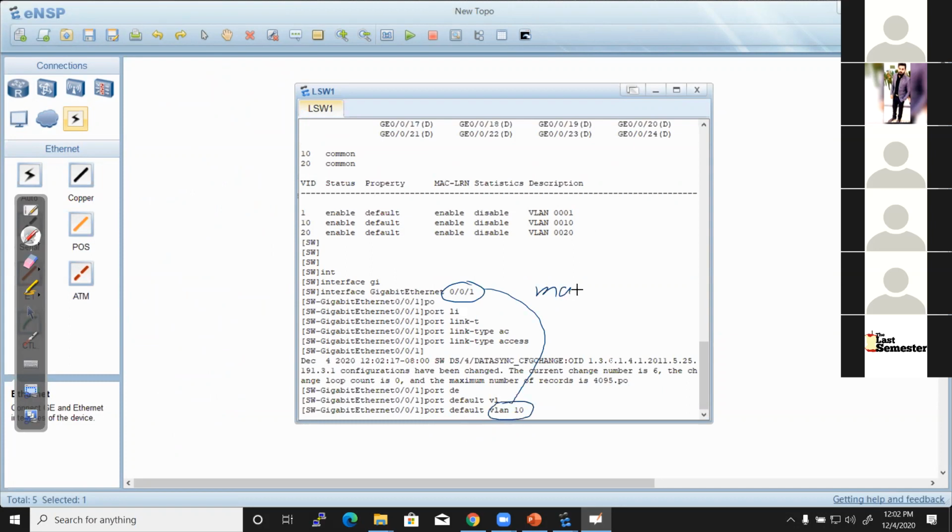I'm mapping this interface with this VLAN, binding it, associating it. You can use multiple words: you have to associate, bind, or map this interface with this VLAN. So let me press enter.